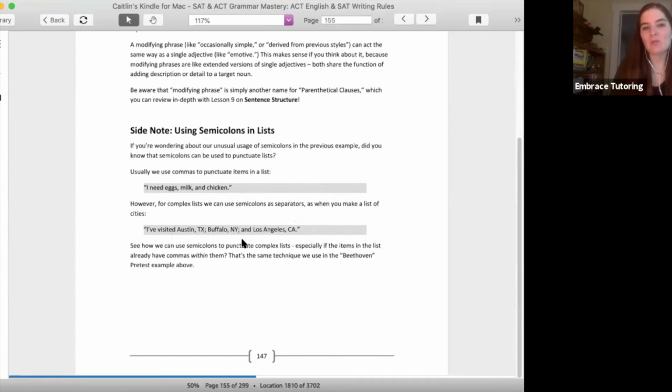But sometimes we have to use semicolons instead. And that is when we're making a list that's more complex, such as in the second example where it says, I visited Austin, Texas, Buffalo, New York, and Los Angeles, California.